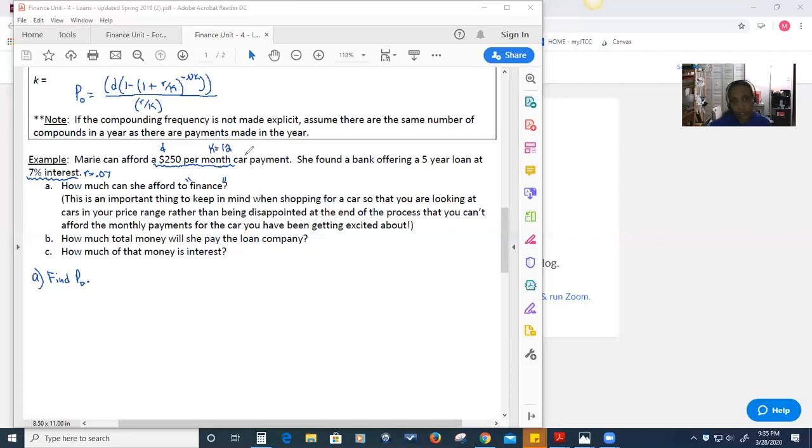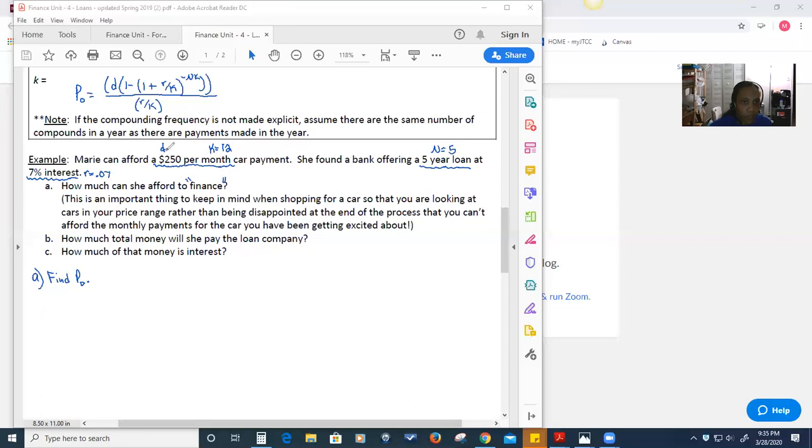Her interest is going to be charged 12 times a year, every month. And then N is the amount of time you take to pay back the loan, or the amount of time that you're making those payments. And the bank is offering her a 5-year loan. So they're going to give her 5 years to pay back the loan. So there's your N.